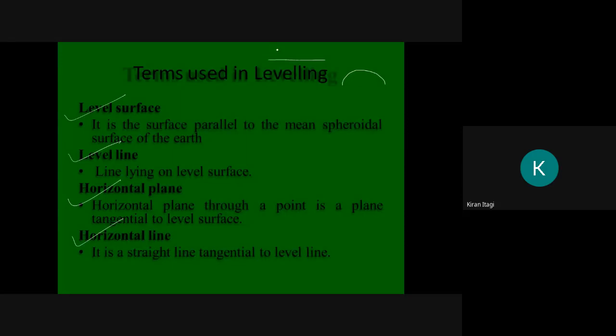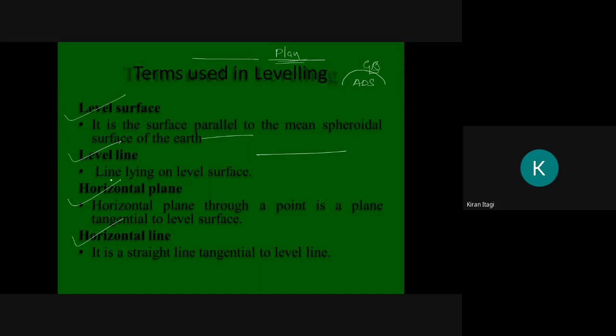Here we are studying plane surveying; in the next semester, in advanced surveying, we have geodetic survey. So presently we focus on plane surveying, where we consider the Earth as flat. A level surface is nothing but a surface parallel to the Earth.